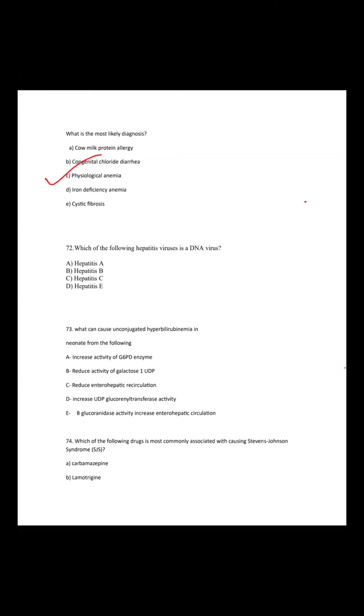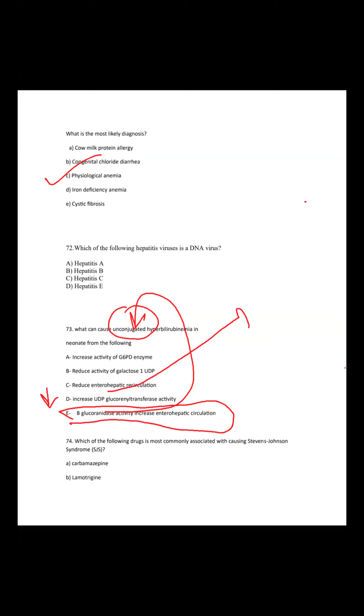Increased UDP activity will not cause hyperbilirubinemia; it will be decreased UDP glucuronyl transferase activity. So the answer over here is beta glucuronidase activity increases enterohepatic circulation. That is the reason for unconjugated hyperbilirubinemia. The more enterohepatic circulation there is, the more jaundice there will be.